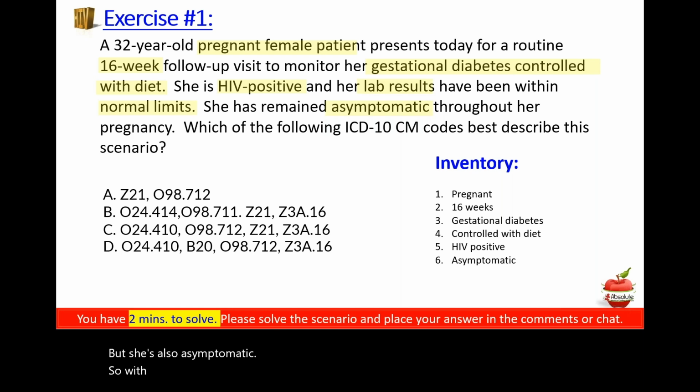So, with that said, is there anything that we can eliminate on sight? Go ahead. Type your answer in the chat. And if you can, say why.